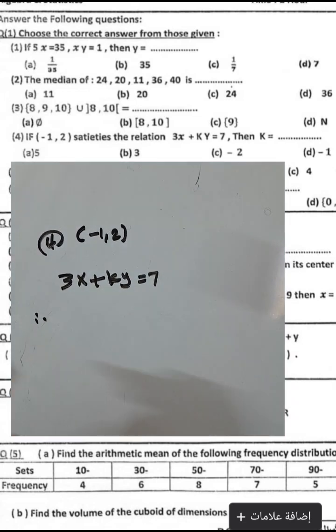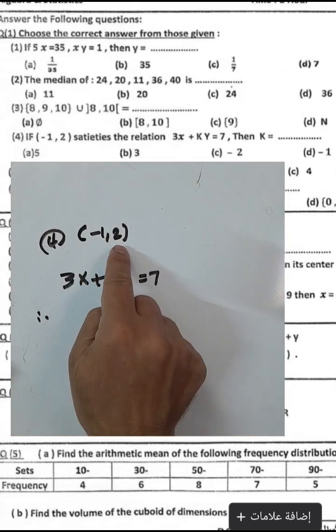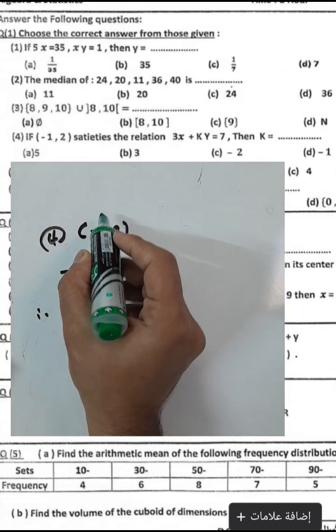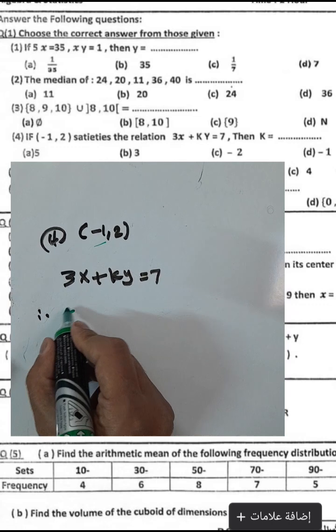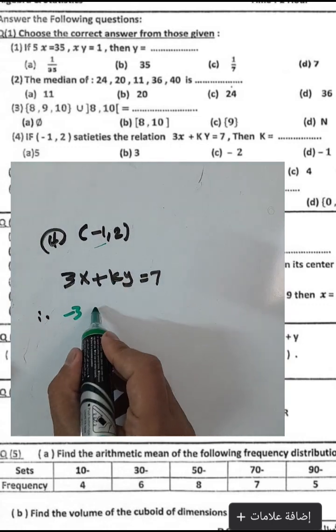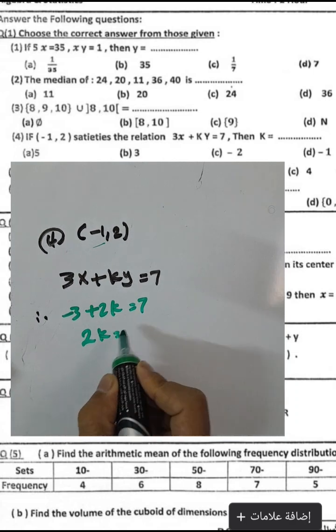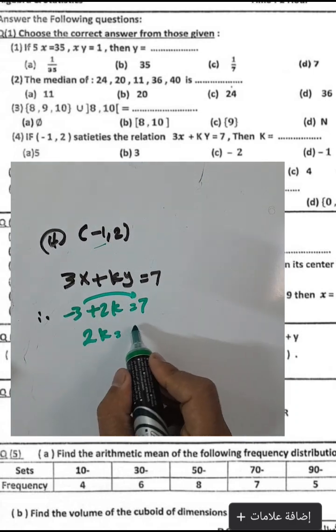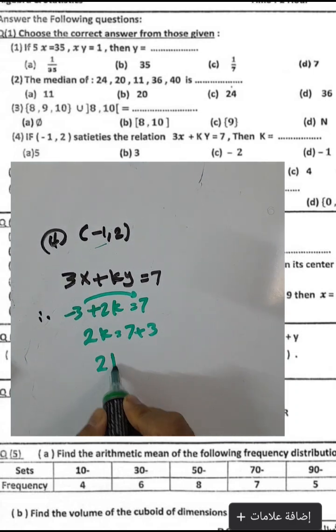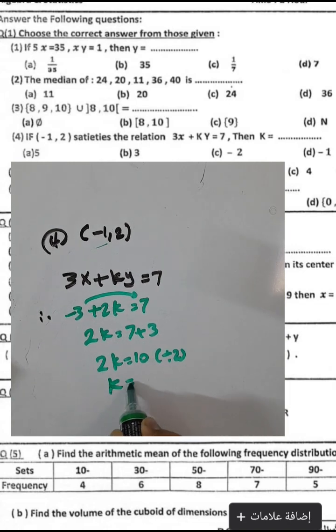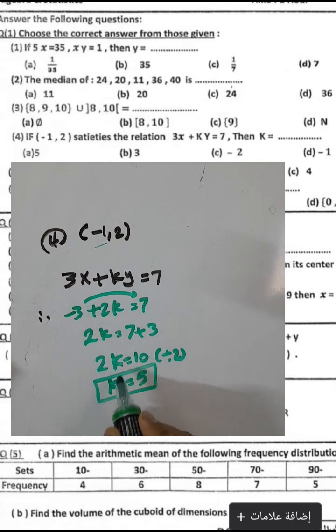Then we can put x equals -1 and y equals 2 in this relation to find the value of k. Put x here, -1 times 3 equals -3, plus 2 times k, it will be 2k equals 7. Then 2k equals, we must move -3 to the right hand side, 7 plus 3, then 2k equals 10, and then you can divide by 2, then the value of k equals 5.